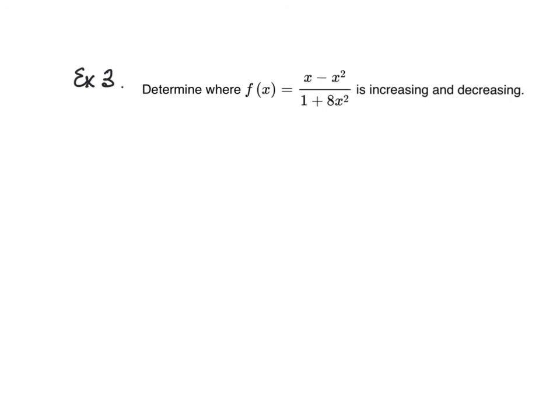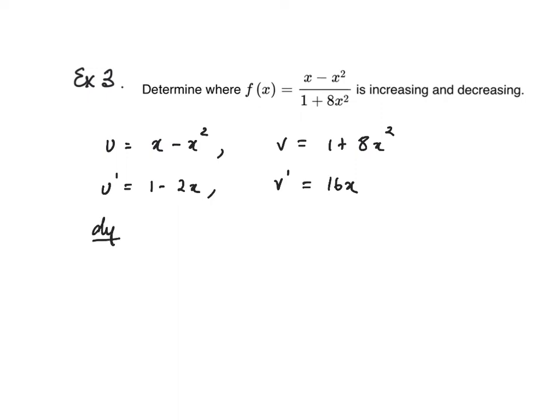So here's a question involving a quotient, but with an application. So let's proceed as normal. U equals x minus x squared. V equals 1 plus 8x squared. U dash is 1 minus 2x. V dash equals 16x. dy by dx, differentiate the first, leave the second, minus, leave the first, differentiate the second, over v squared.